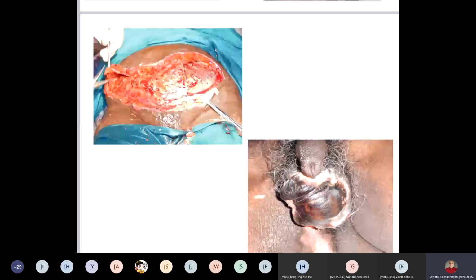Necrotizing fasciitis, you have to do radical wound debridement. You have to remove all the dead tissue, and after that you have to give plenty of antibiotics. Then once the infection is completely treated, if there is no infection in the raw area, you can even put a skin graft over this.